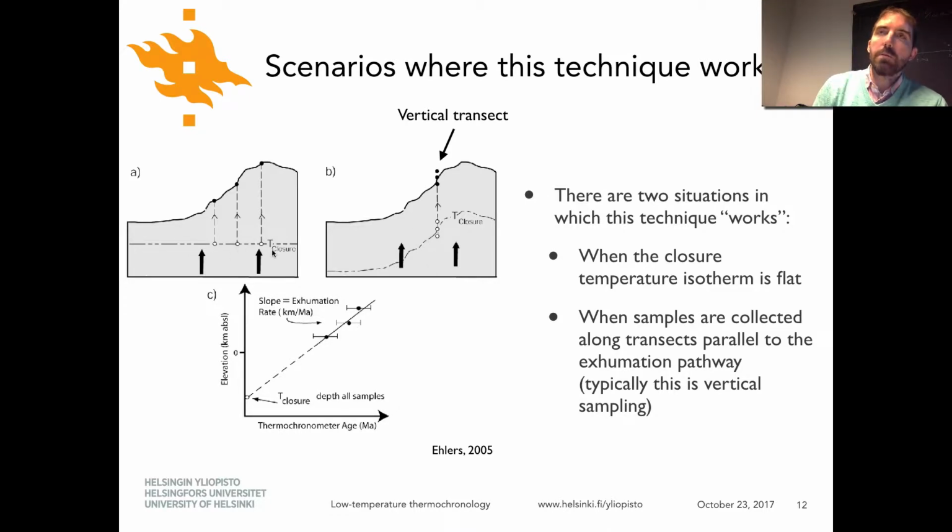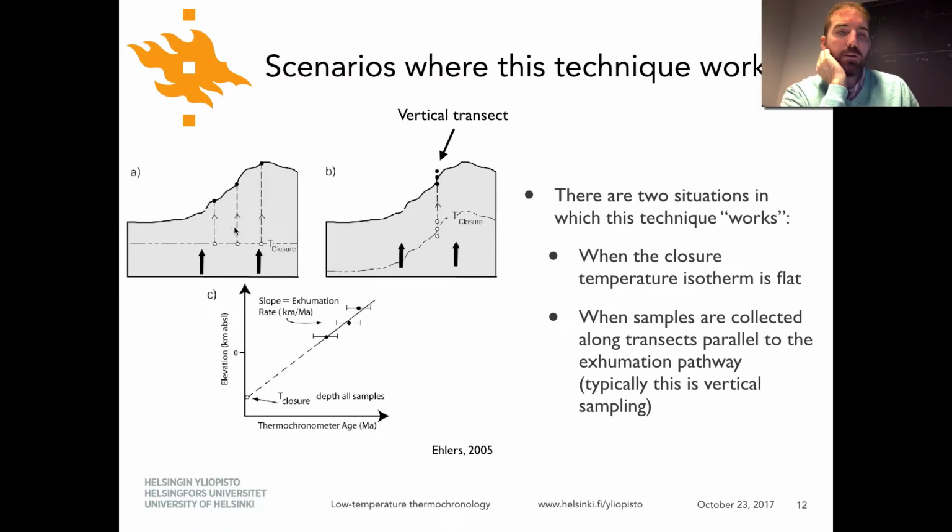One is where the closure temperature isotherm is horizontal, which means in many cases, places where you're dealing with relatively high temperatures for the temperature sensitivity, or very little topography. Now, if there's very little topography, this vertical difference in sample elevation is going to be small, and it might be so small you can't tell a difference in the ages.